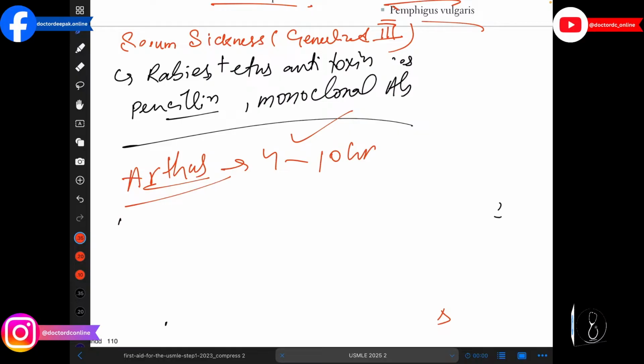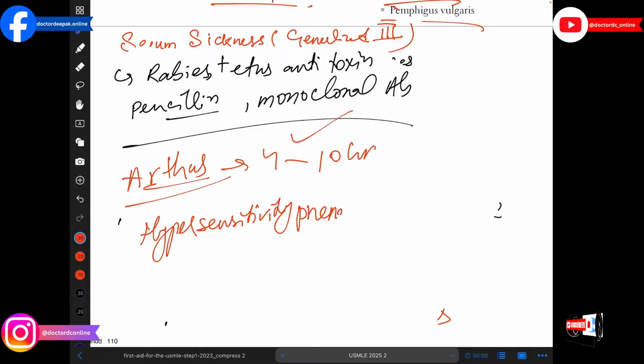Hypersensitivity pneumonitis is also called farmer's lung, and is due to a hypersensitivity reaction to environmental antigens.